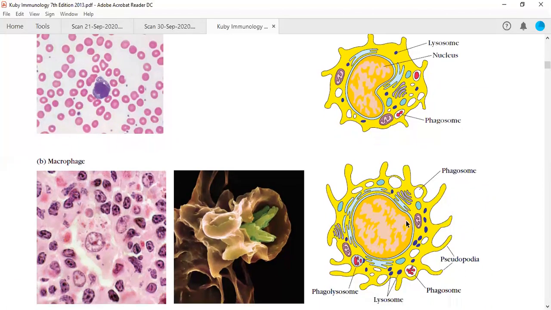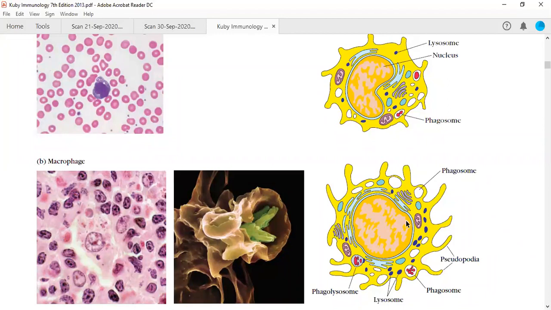So they can perform two major functions, but at least we discuss some other functions. For example, these macrophages are important in tissue repair and remodeling. Whenever we have an injury or wound, these macrophages will help in removing the pathogens or dead cells.